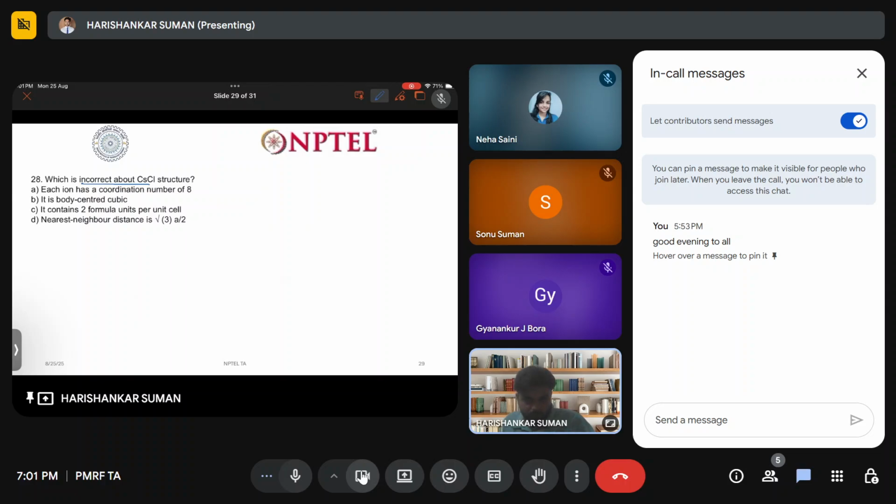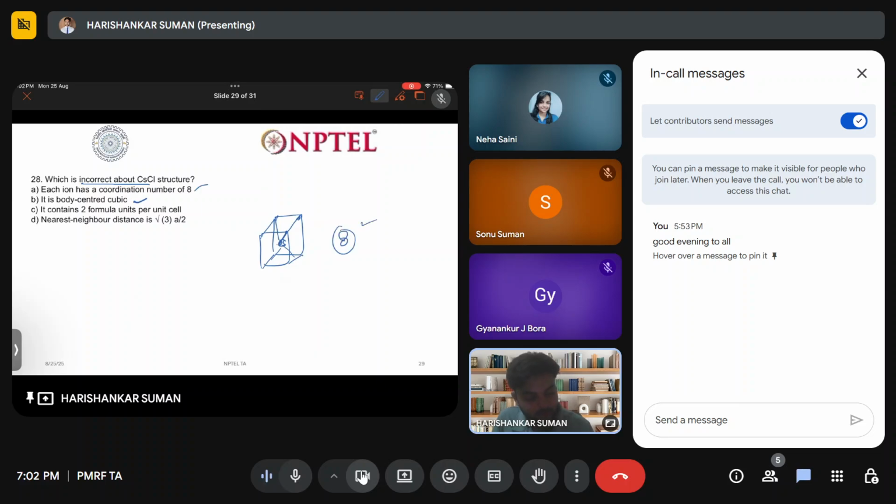So we know this is body-centered. Each element has coordination number 8. Is this correct or not? Let me check. This is Cs, so the corner is the first nearest neighbor. So how many corners? It is 8.